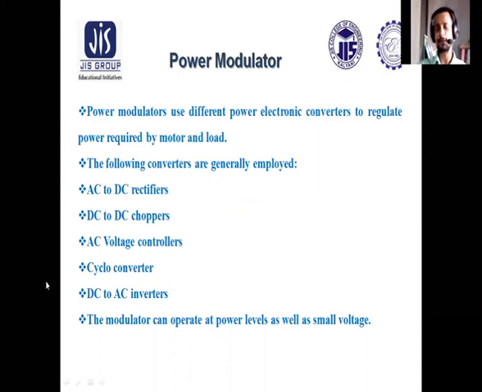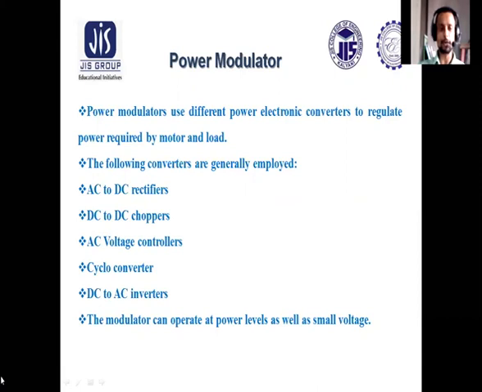It could be of uncontrolled type or controlled type. Bidirectional power flow could be controlled by these AC to DC rectifiers. They could perform power factor correction operation. This could be a half wave controlled rectifier, full wave controlled rectifier, or fully controlled rectifier.